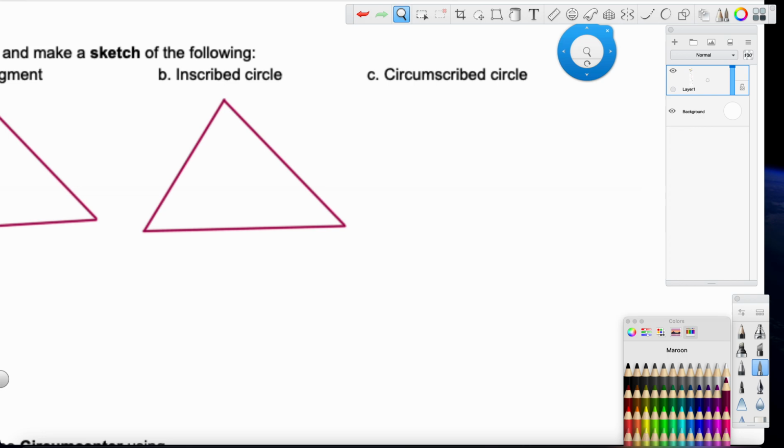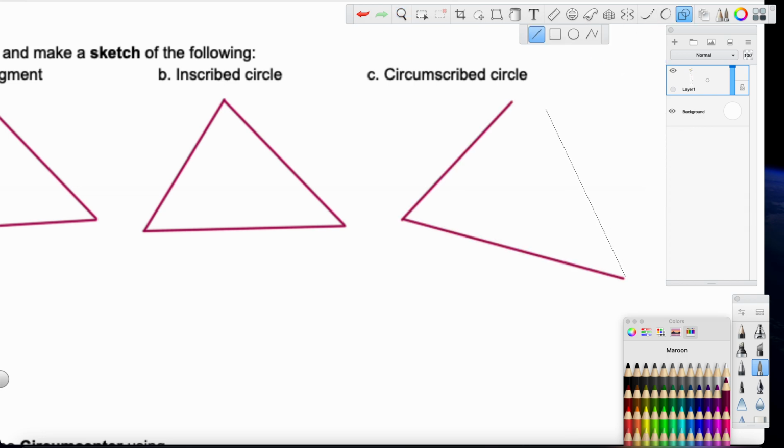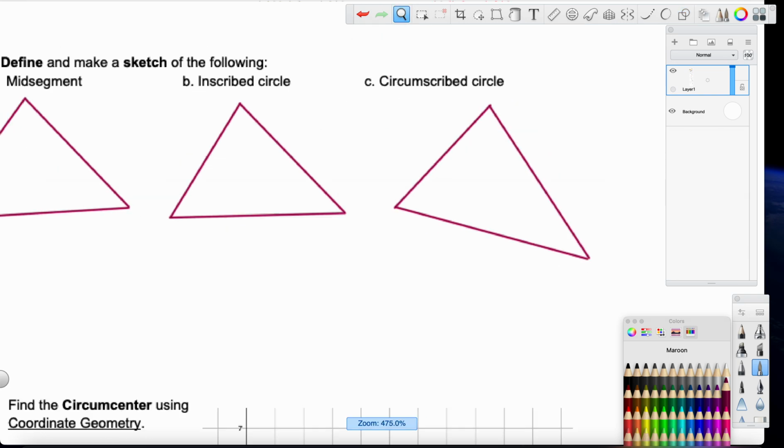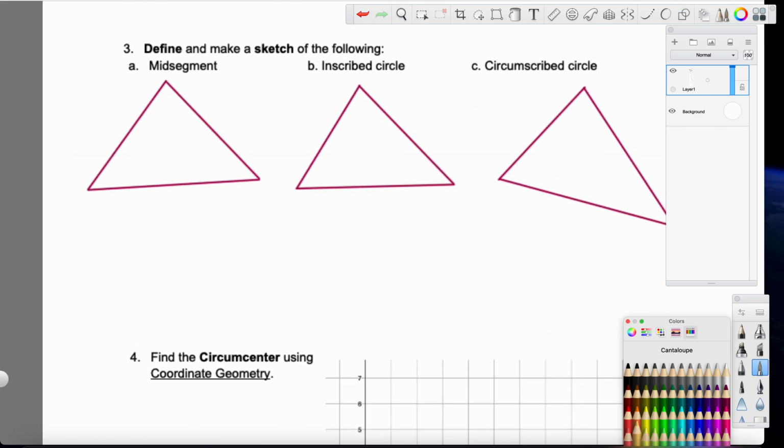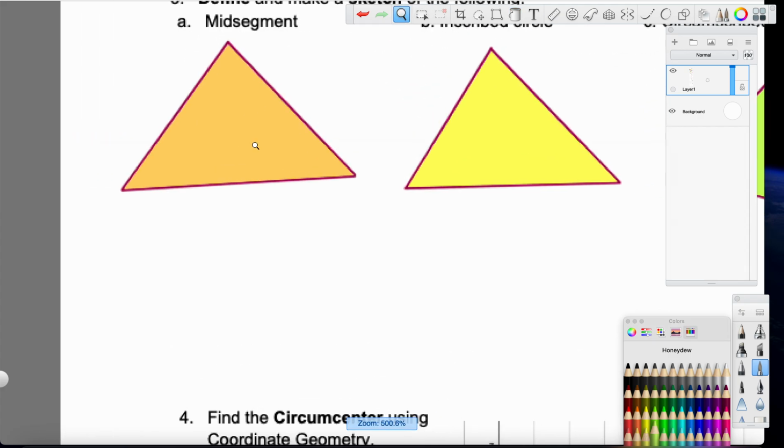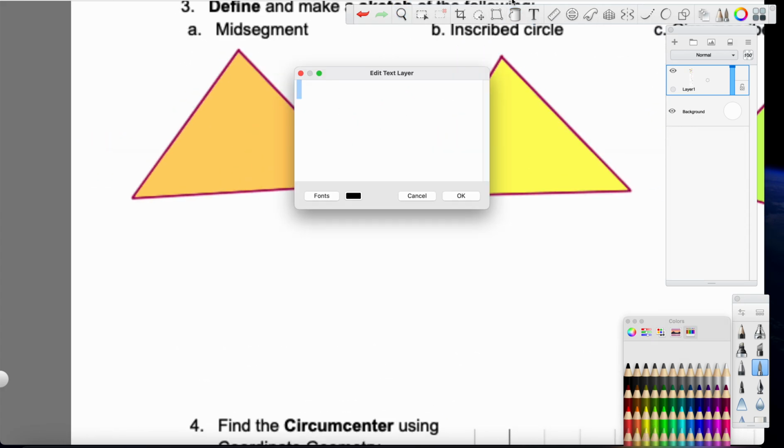Circumscribed circle. Okay, so midsegment, this is from 5.1.